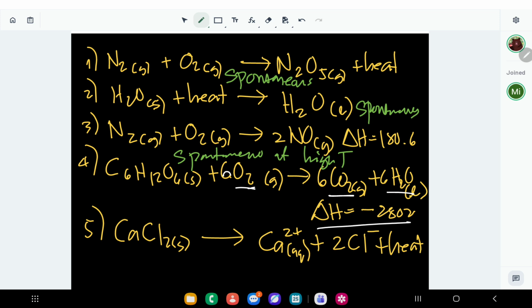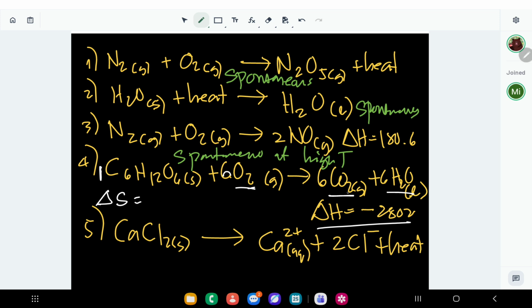So for delta S, we have 1 mole of solid and 6 moles of gas. We will just check the number of moles here. So most of the reactants are gases, right?